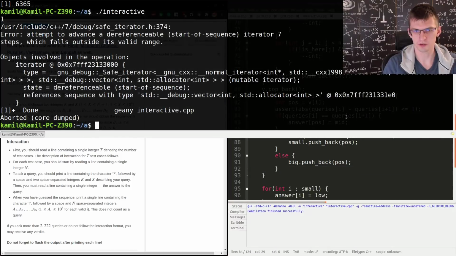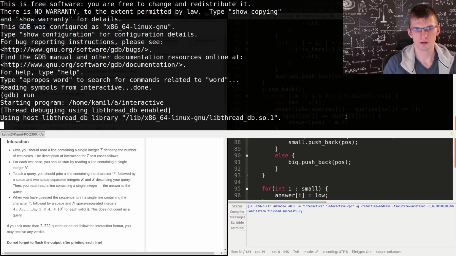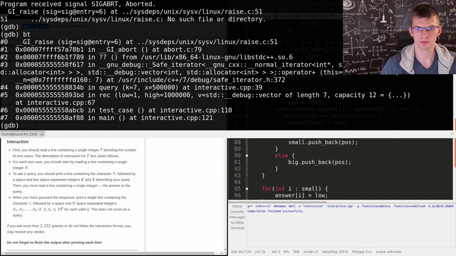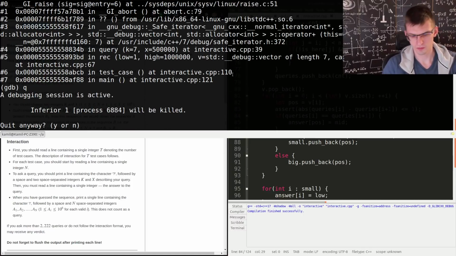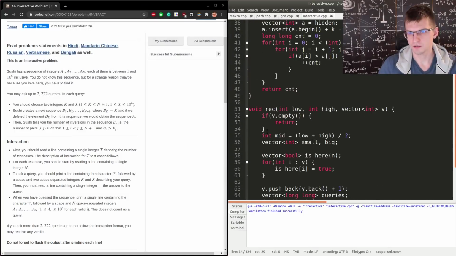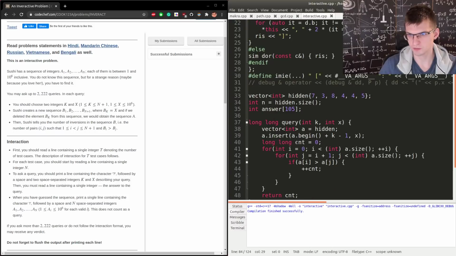Queries should be good, right? Okay, 39. What I used is called GDB. This is wrong.